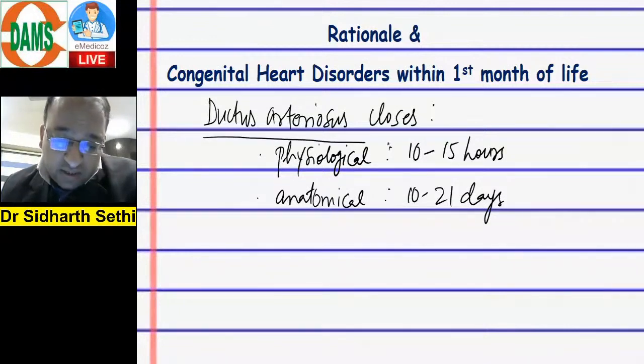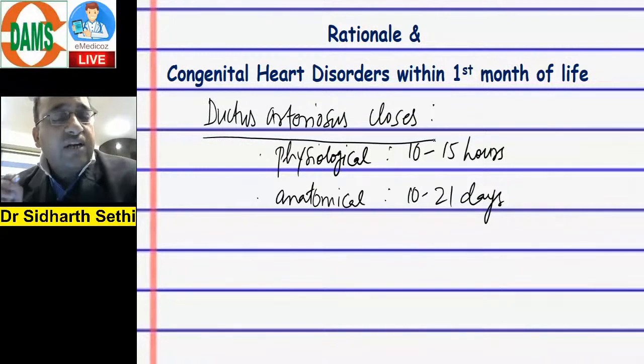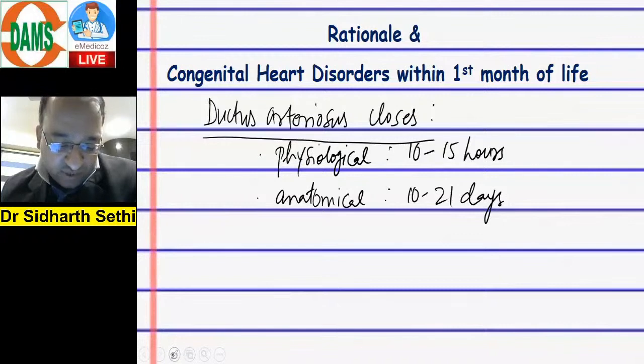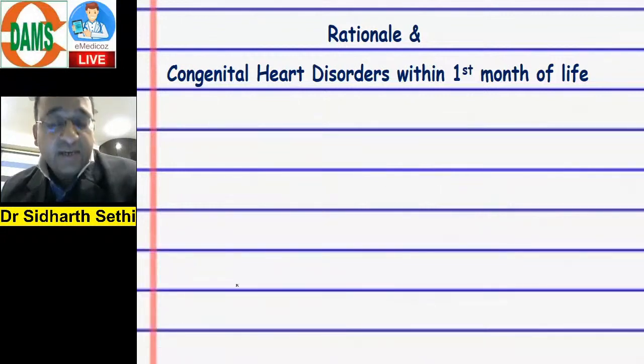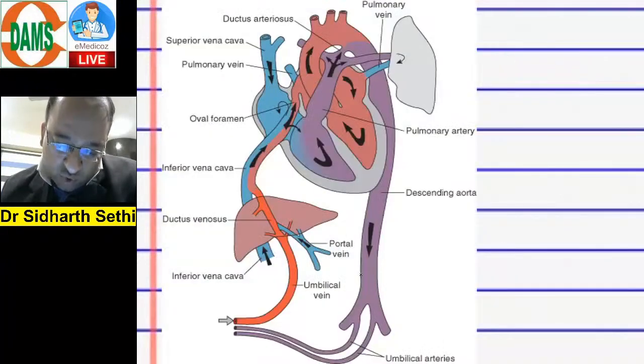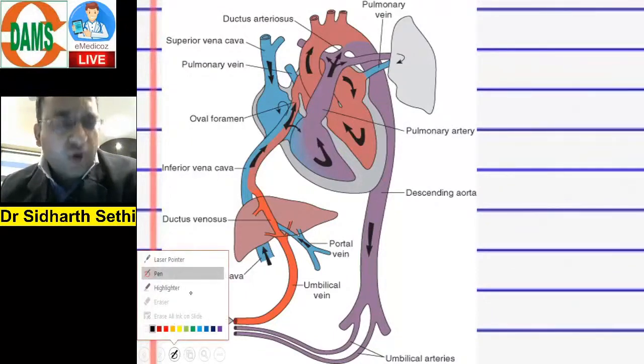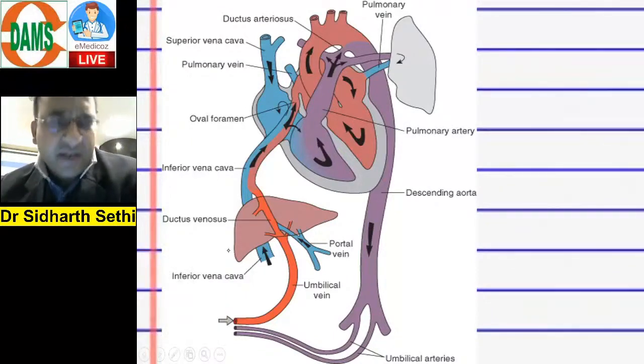So there are a lot of disorders which are dependent on the ductus arteriosus. As soon as the ductus closes, these children come to our hospital. So as soon as the ductus arteriosus closes, these children have come to our hospital. Okay, so suppose I show you a disorder on the right side. I'll not take a lot of time, just a few minutes more.